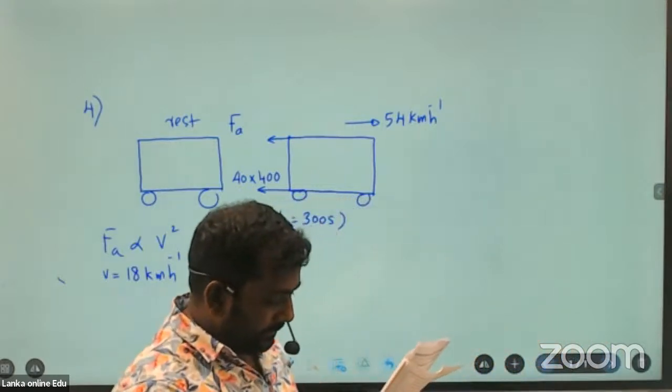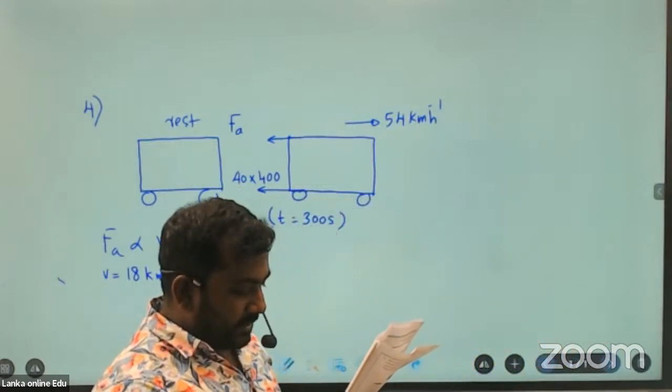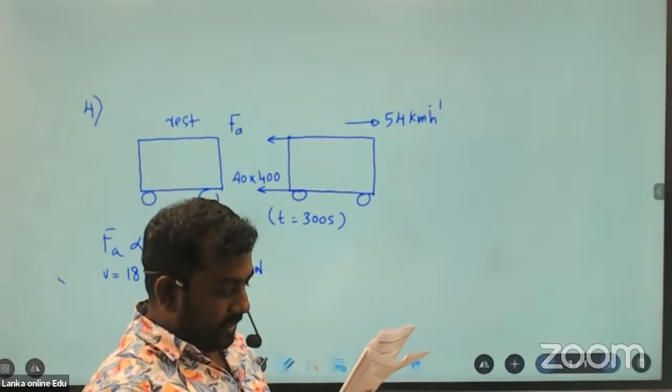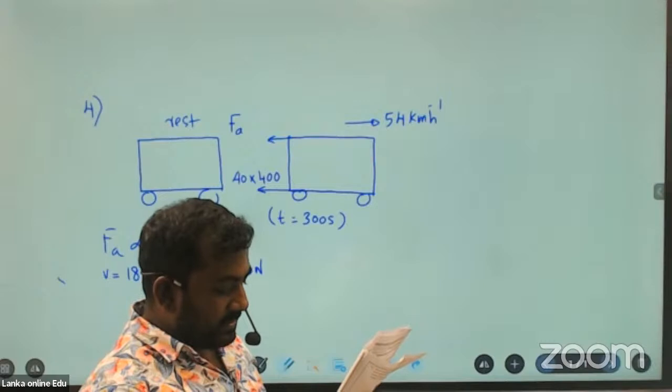Right. Find the velocity of the train after 5 minutes in meters per second.